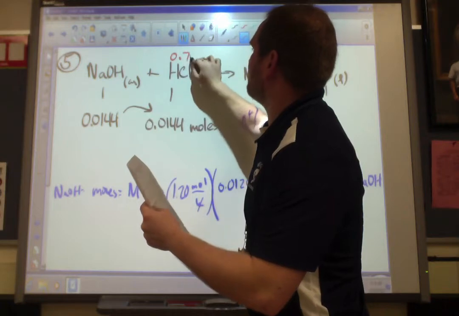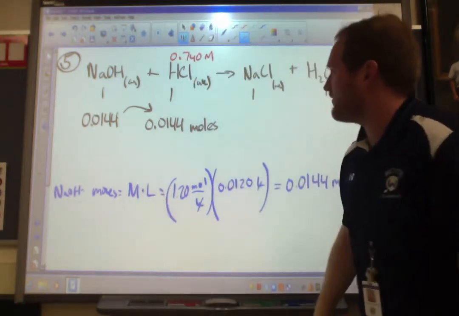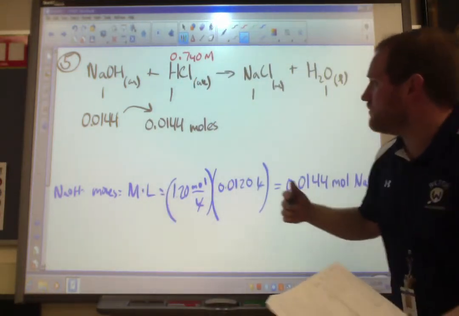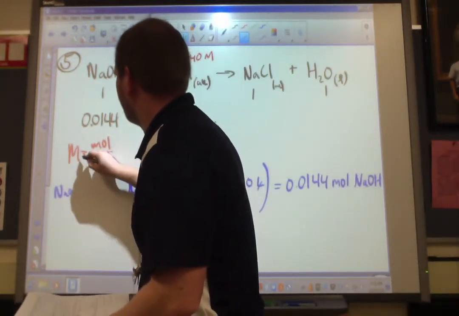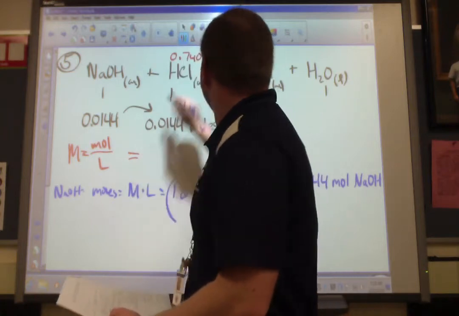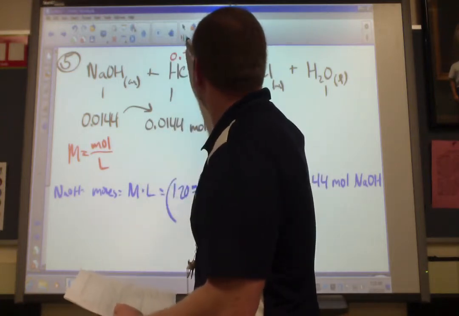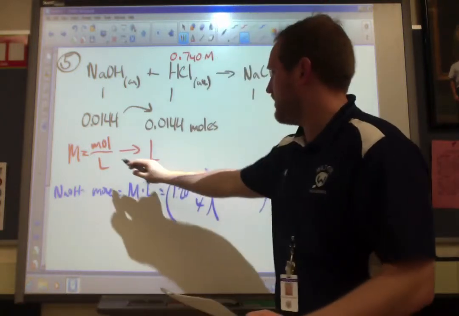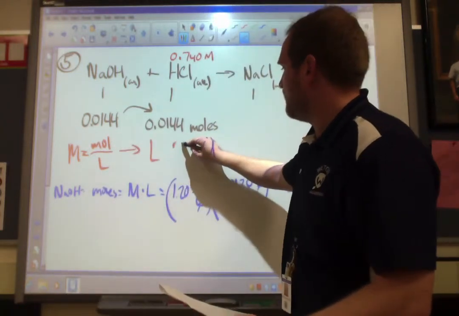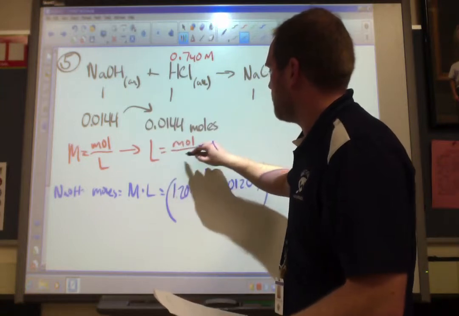It's 0.740 molar. We're going to have to figure out the volume. So my formula goes molarity equals moles per liter. So liters are going to equal moles over molarity.